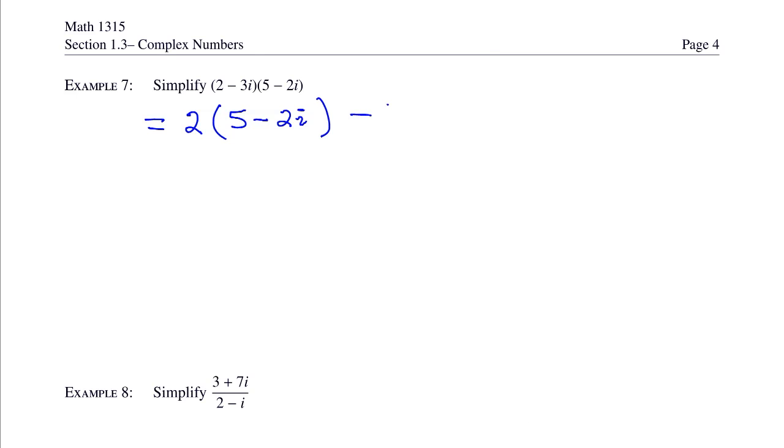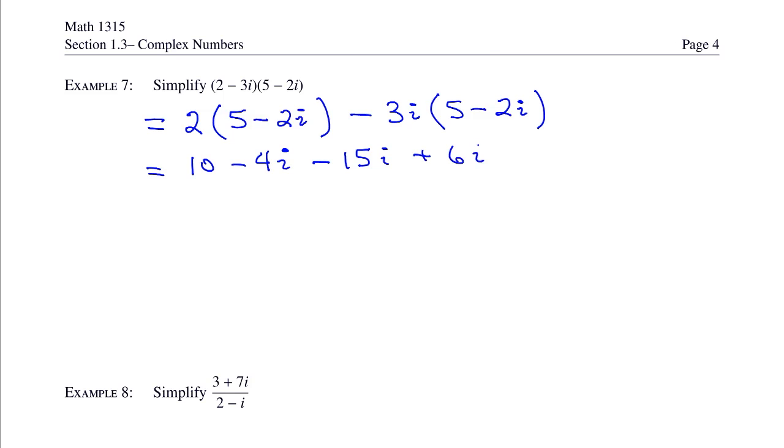Then we'll take the negative 3i and multiply that by 5 minus 2i. Next, we distribute the 2, so we get 10 minus 4i. And then we distribute the negative 3i to get negative 15i plus 6i squared.